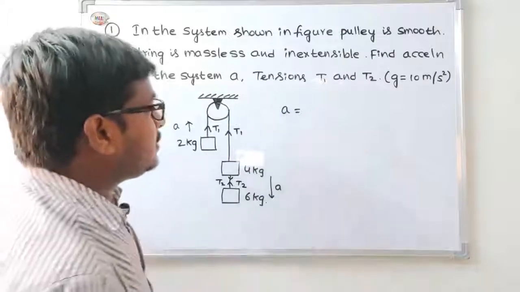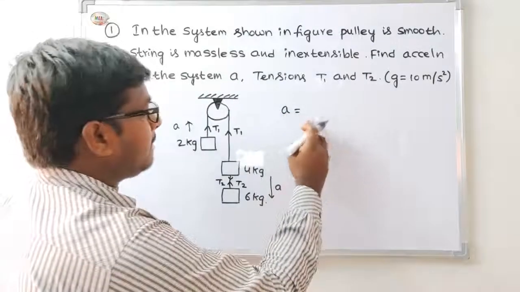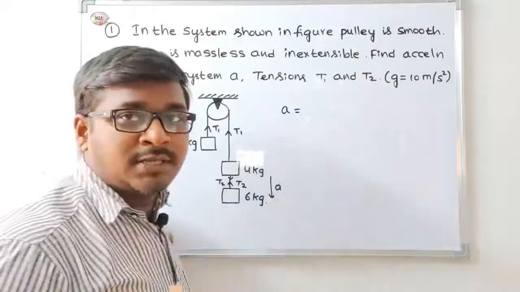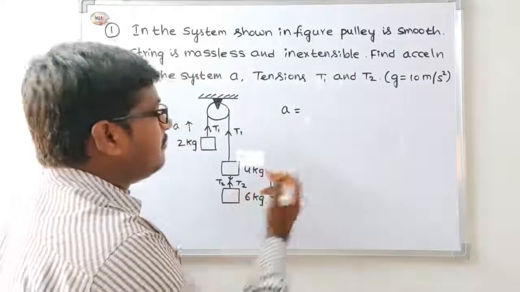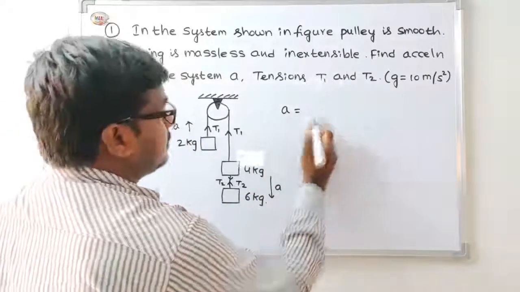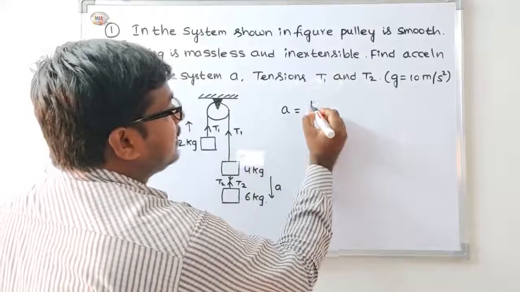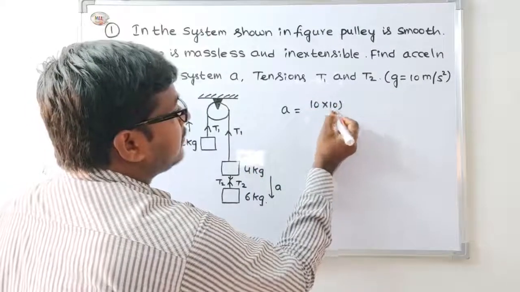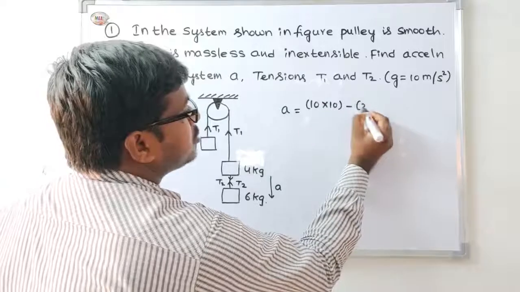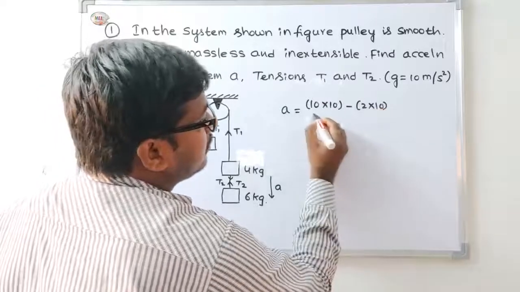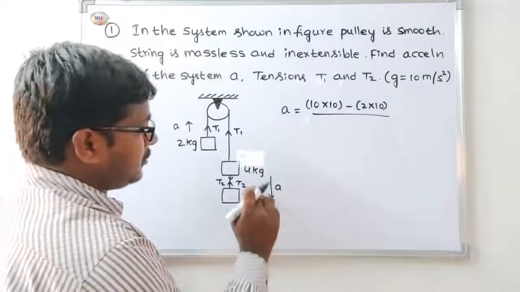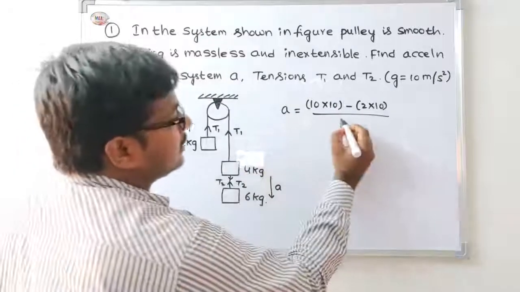The acceleration is equal to the net pulling force divided by the total mass. A is equal to (10 into 10 minus 2 into 10) by (4 plus 6 plus 2), that is 80 by 12.